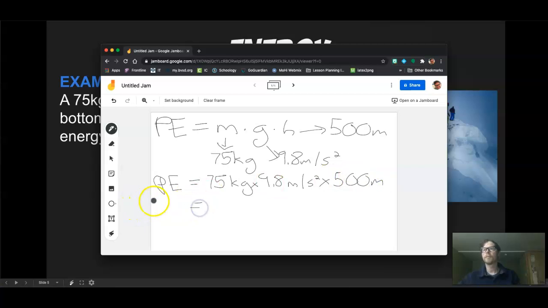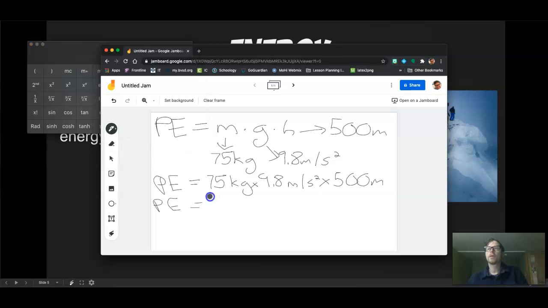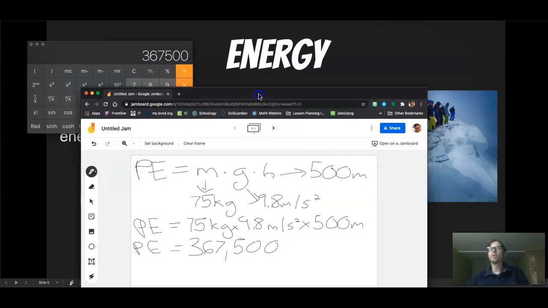And if we put all that into a calculator, here's the calculator, 75 times 9.8 times 500. That's a big number, 367,500. And the unit for energy is joules.